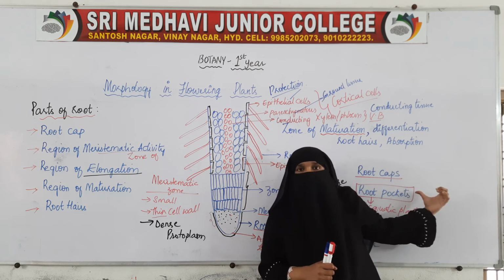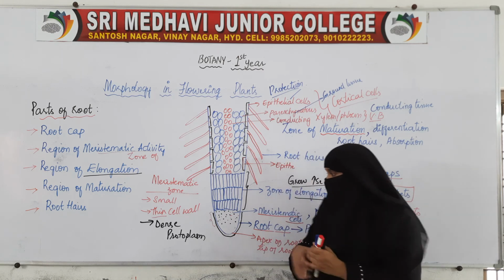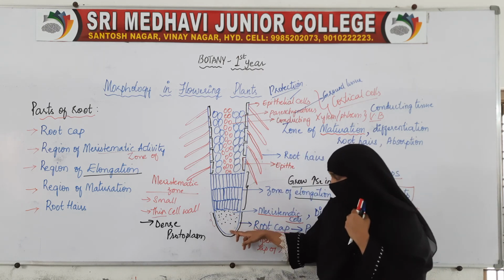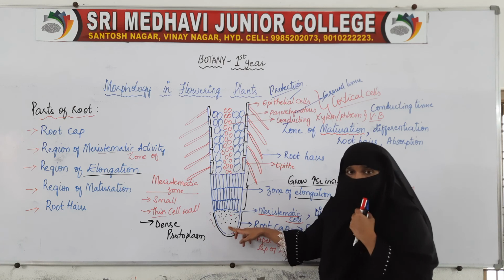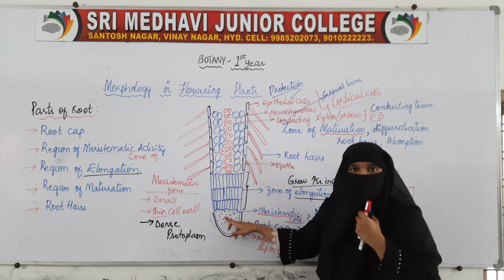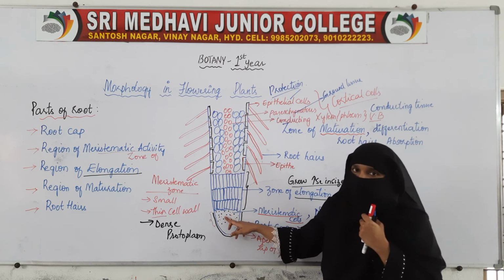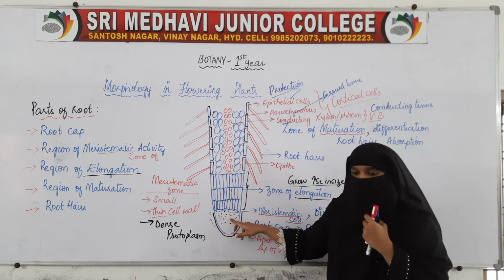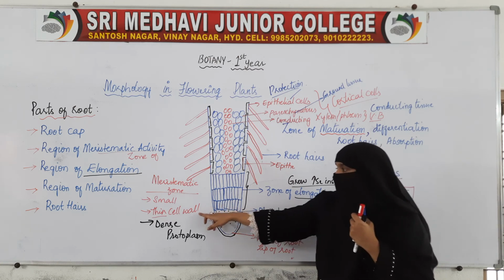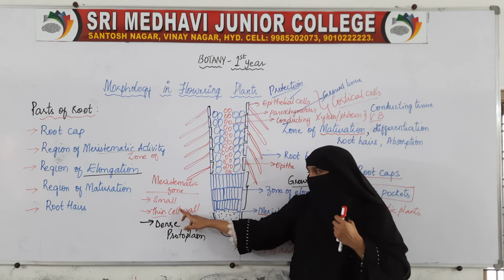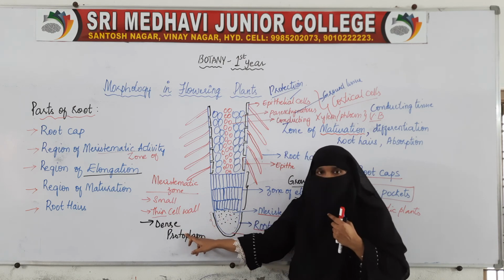Just above the root cap we have the zone of meristematic activity, or meristematic zone, in which we find meristematic cells. These are small cells with thin cell wall and dense protoplasm.